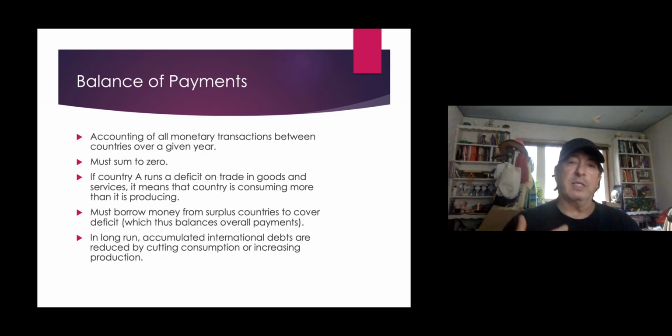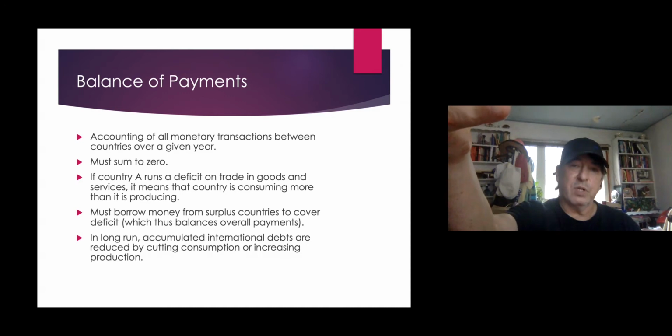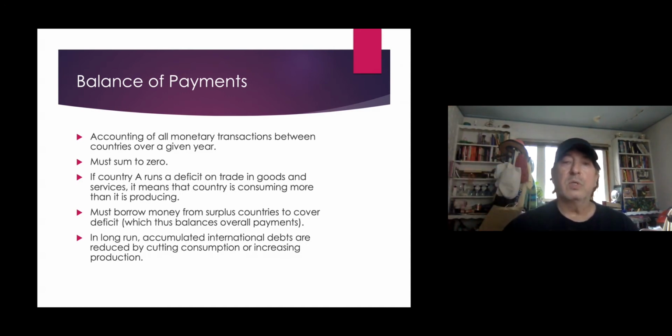The United States has been running large deficits in trade for many years, which means that basically we are borrowing in order to finance that trade against our future incomes. And at some point in the future, our incomes will have to fall in order to rebalance and to pay back the debts that we're accumulating. So, unfortunately, those debts are going to fall on you guys and your children at some point in the future.